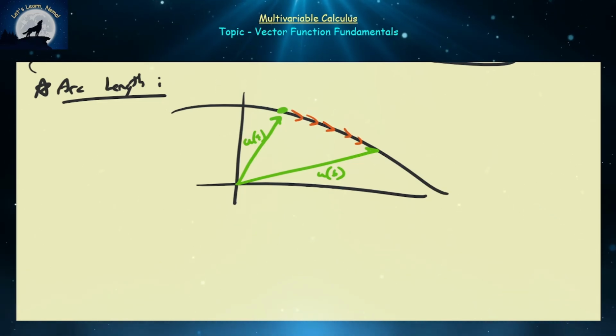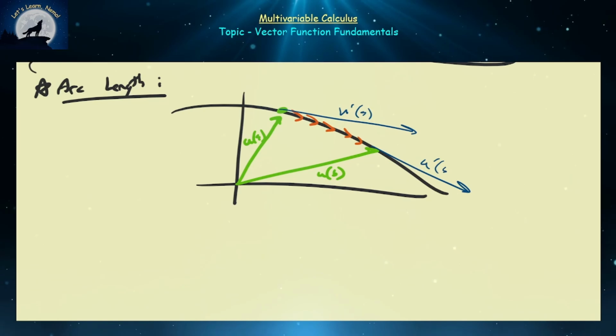In this picture, this vector here would be u prime of a, and this vector here would be u prime of b. A question you could ask is, what is the length of that arc traversed by this particular vector function? So arc length equals question mark.